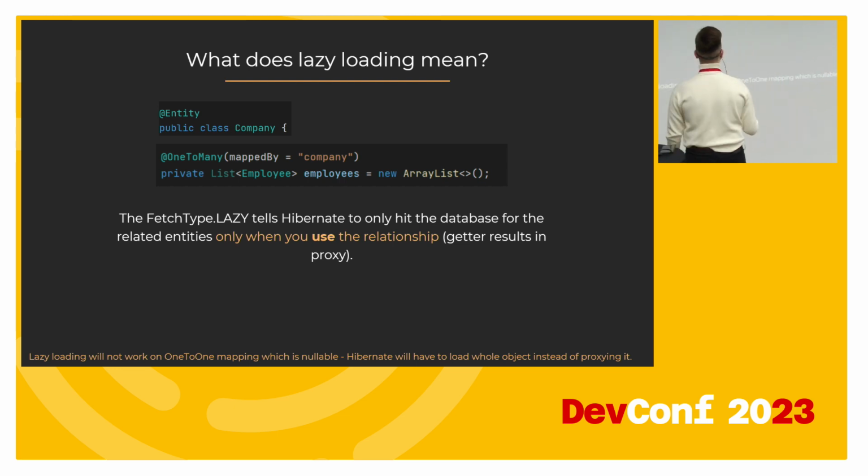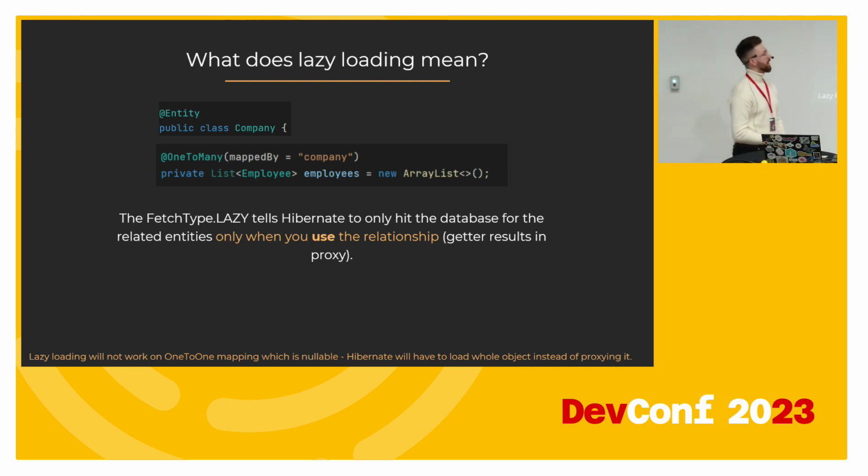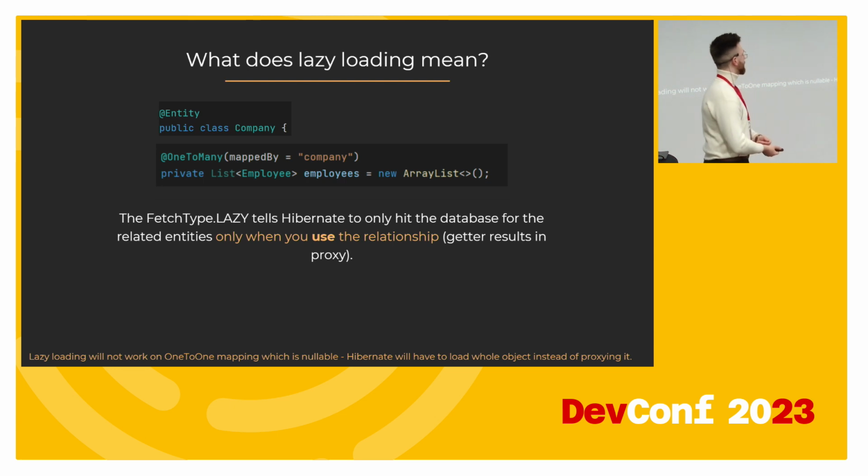Lazy loading means that Hibernate will only hit the database for related entities when you use the association. So if you use a getter on this field, you will just get a proxy that is not loaded yet. But if you want to traverse the list and do something on the objects, then it will hit the database. So it should be a good thing, but it's often a problem.